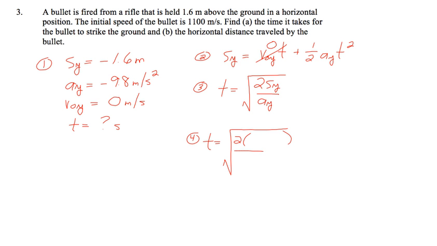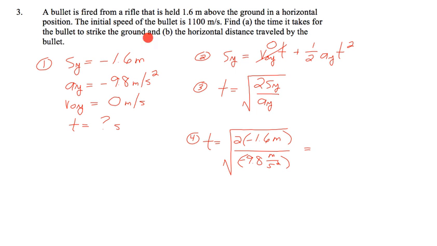So it's going to be the square root of 2SY over AY. The SY is minus 1.6 meters, and the AY is minus 9.8 meters per second squared, so the minuses cancel out. Let's say you forgot to put the negative for SY, since up here there's no negative.